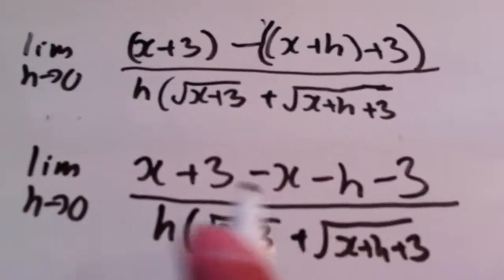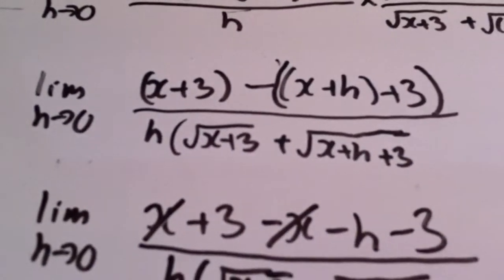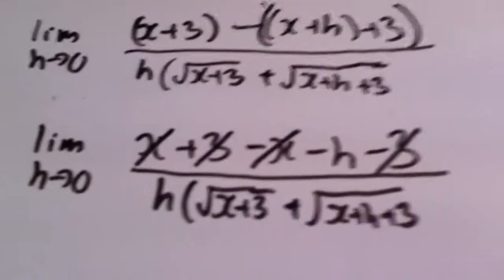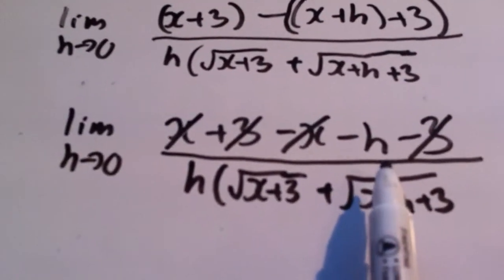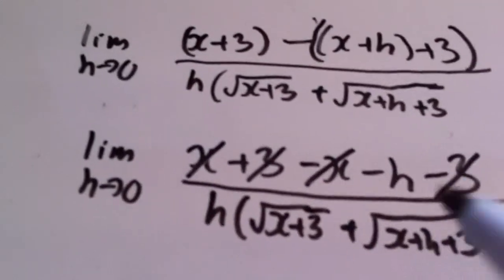Okay, so on the top here we notice that this x and that x will get rid of each other. This 3 and that minus 3 will get rid of each other. And as I said, you'll end up with an h on the top that can either be factored out or, in this case, it's only h.